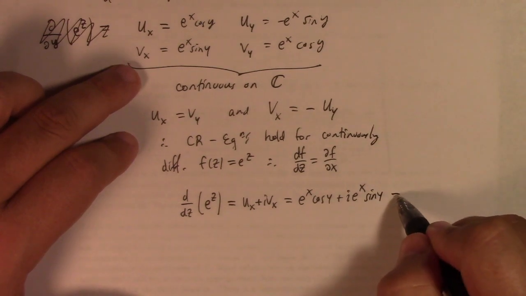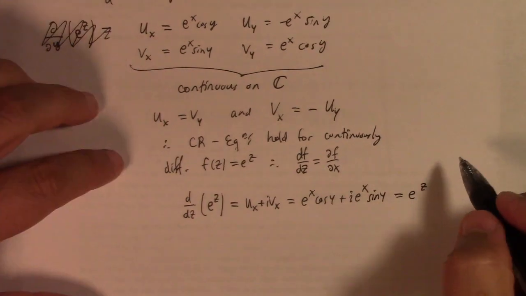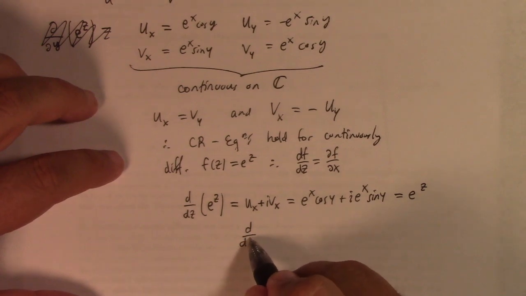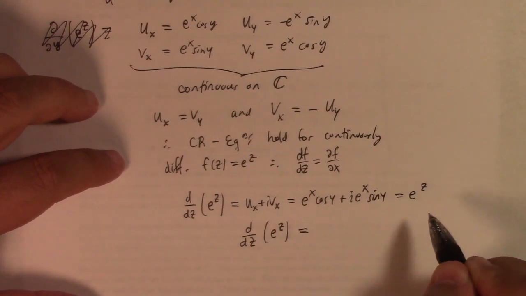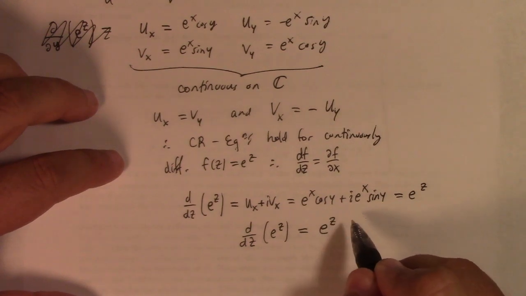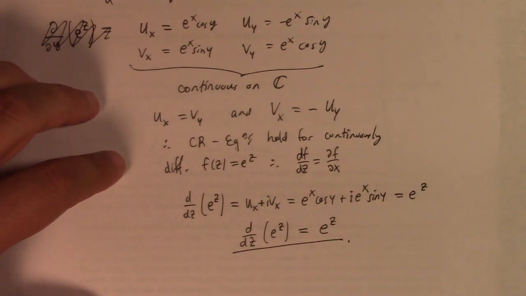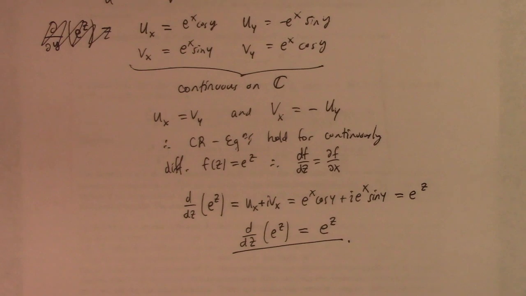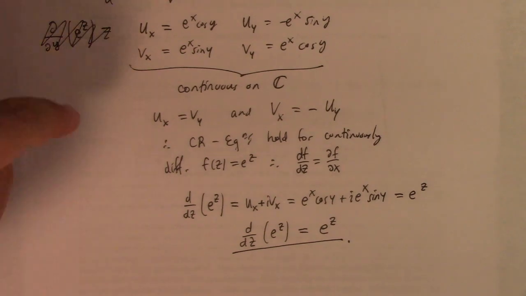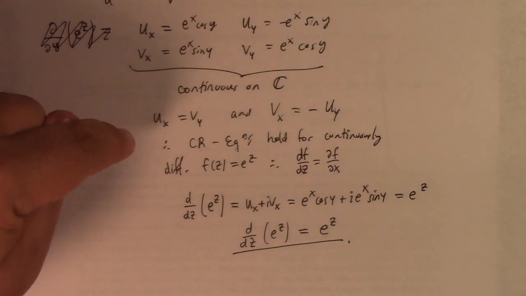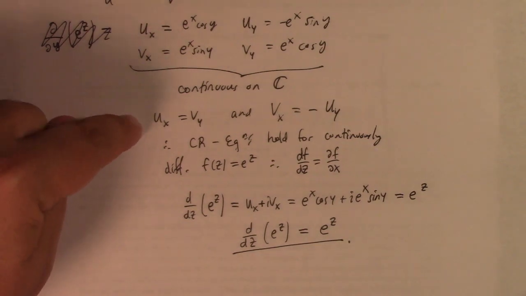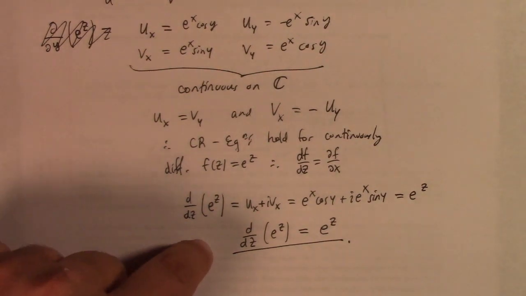Wait a minute, that's e to the z. So, surprise, surprise, the derivative of the complex exponential with respect to a complex variable is, in fact, the complex exponential again. No limits to be seen. Simply an identification of continuous differentiability, verification of the Cauchy-Riemann equations, and bam, there you have it.